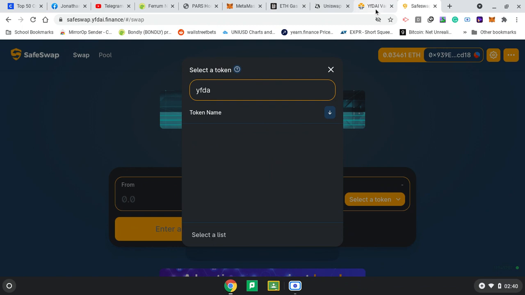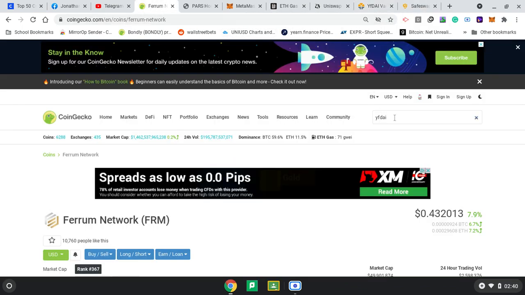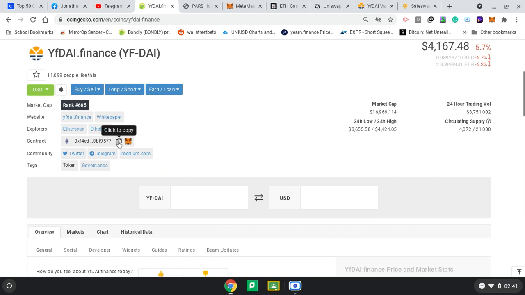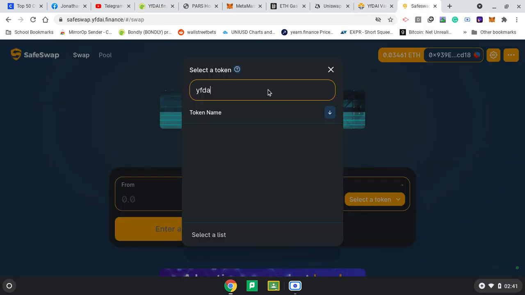If I can't find the one I'm looking for, you can go back onto CoinGecko, search the one you're looking for, then here you can copy the contract address, go back to Safeswap, and paste it in. Then it should find it. So enter. There we go. Then we add it in.